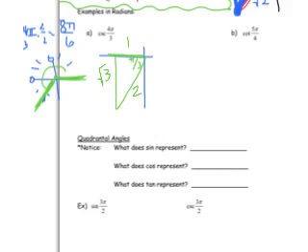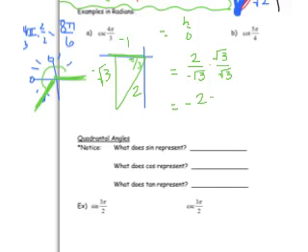Check for negatives: it's -1 and -√3. And cosecant is h over o. So h is 2, o is -√3. I'll rationalize. And I'm also going to put that negative sign not in the denominator. So -2√3 over 3 is a final answer here.